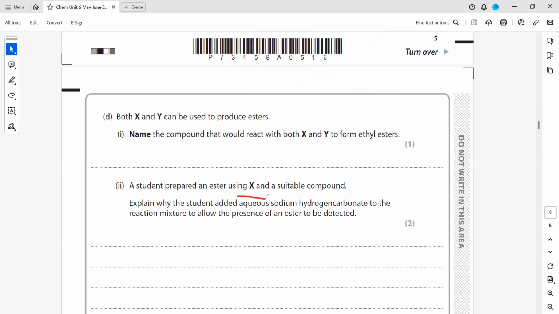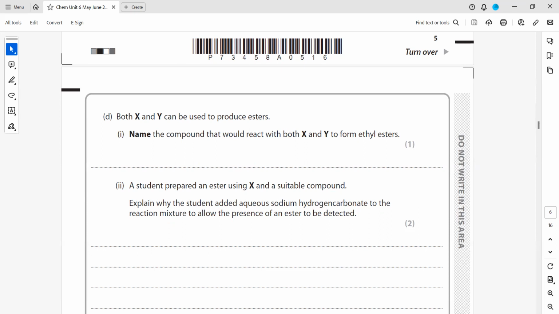A student prepares an ester using X and a suitable compound. Explain why the student added aqueous sodium hydrogen carbonate to the reaction mixture to allow the presence of an ester to be detected. So first, when the student reacts X with alcohol, it will form an ester.